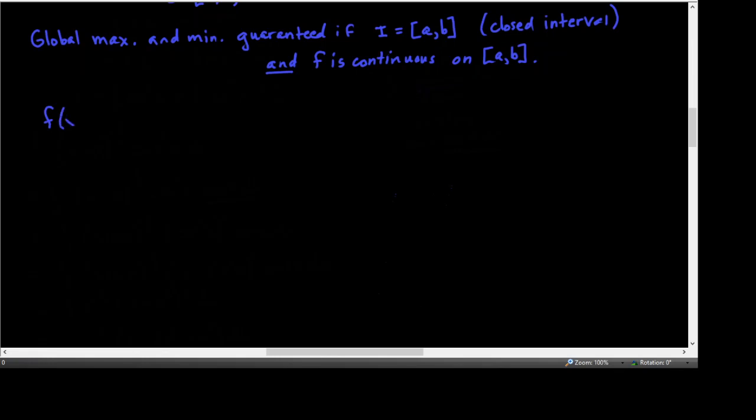F of x is x cubed minus 3x squared. And since that's a polynomial function, we know it's continuous on any interval you want to have.